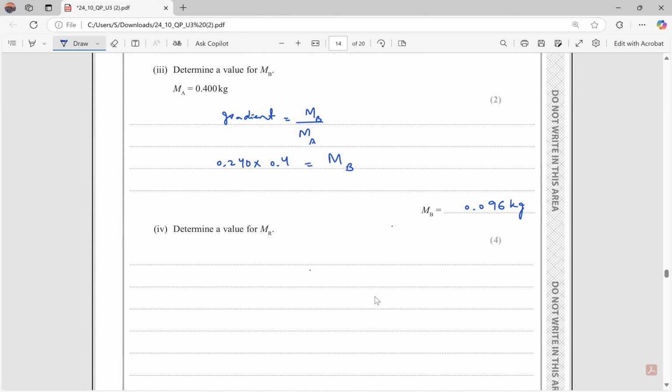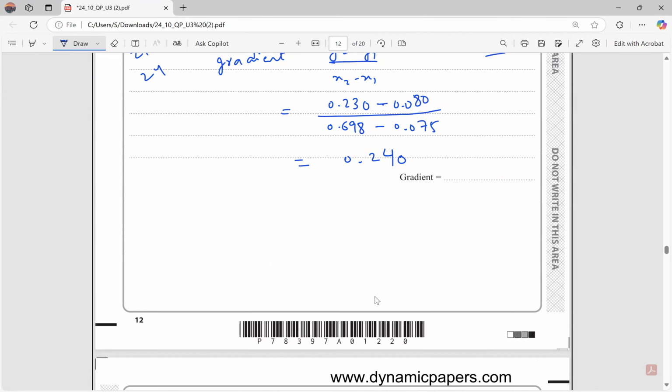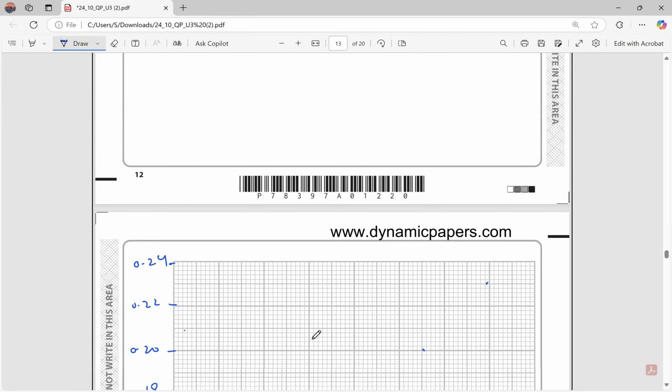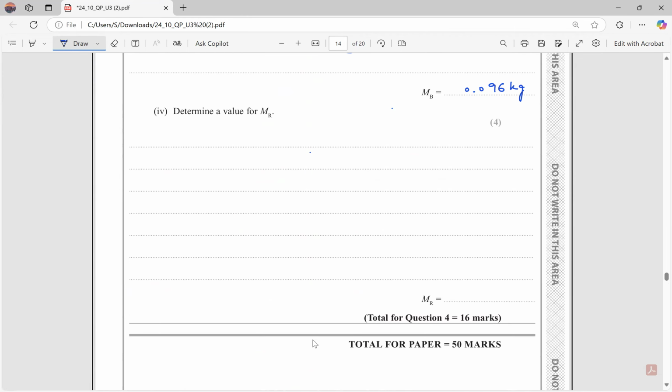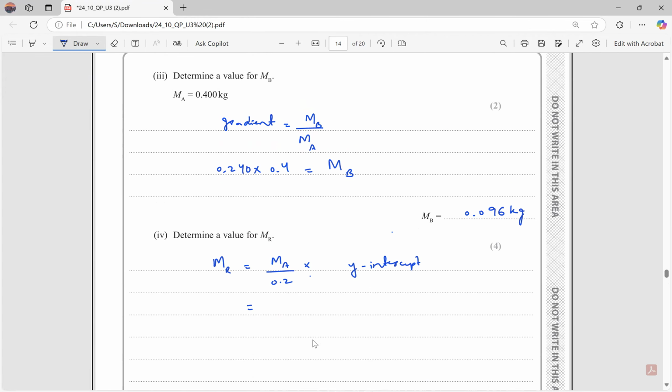Determine a value for MR, part 4. And now we would need to use the y-intercept. MR is equal to MA over 0.2 times the y-intercept. So MA is just 0.4 times the y-intercept divided by 0.2.